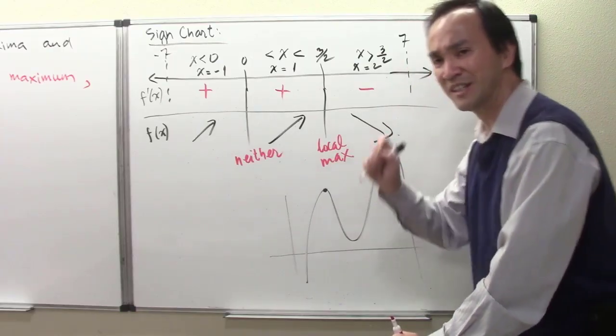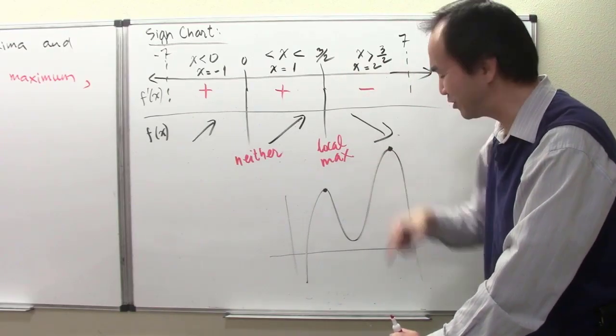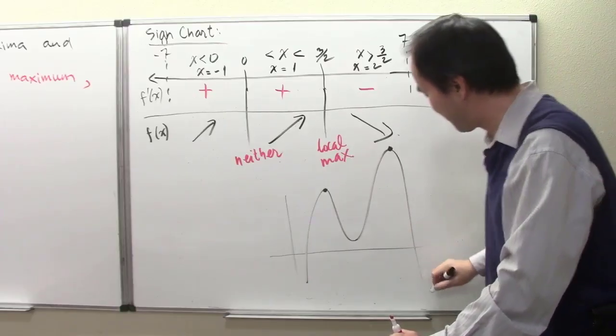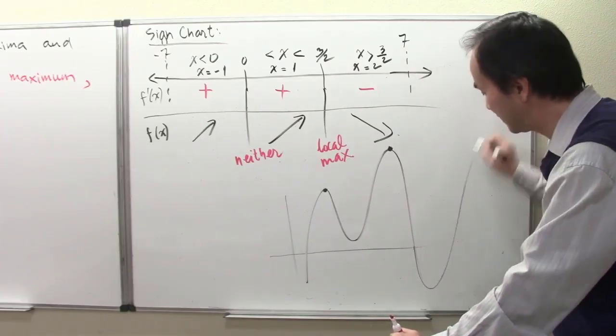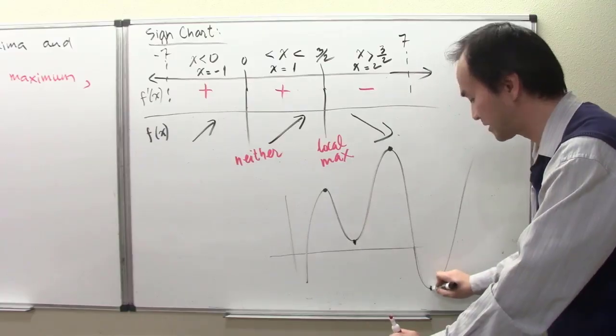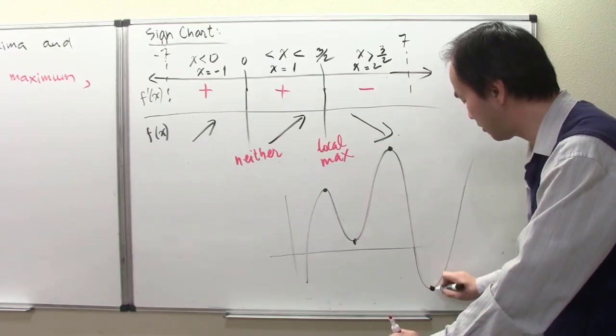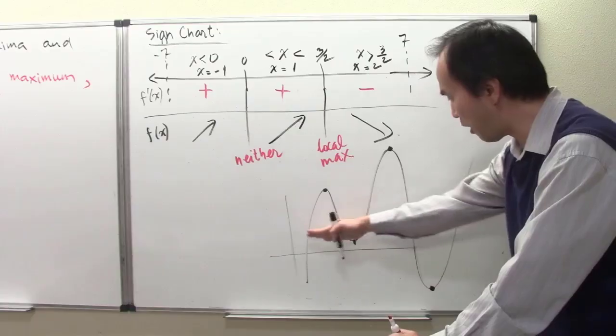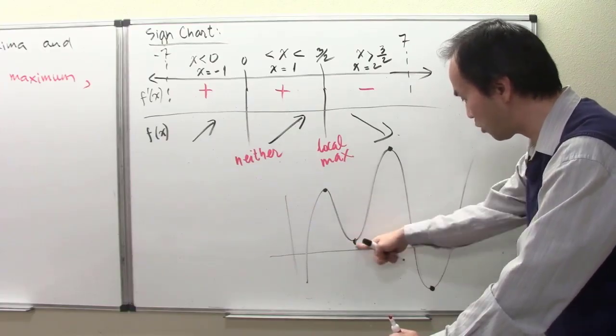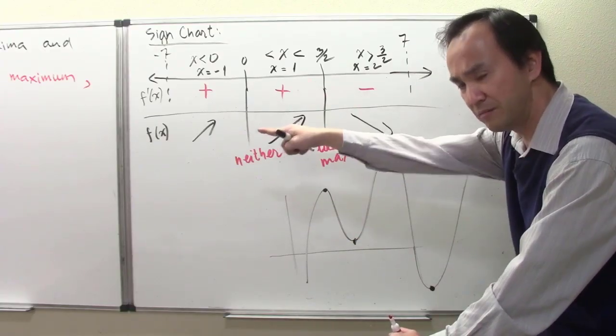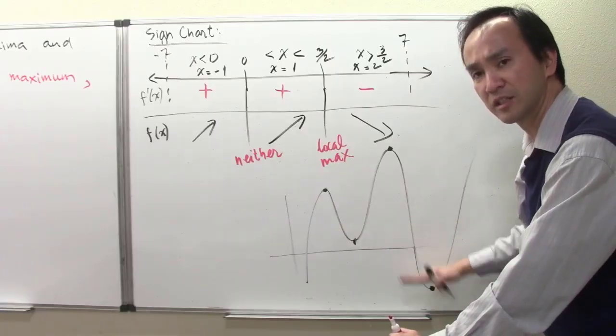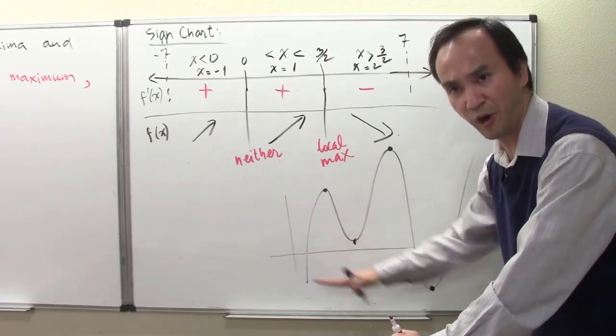Who's the highest guy, right? Absolutely. And then we have multiple local minimums right here. And so among all of the local minimums, the absolute minimum is the one that's absolutely the lowest of all.